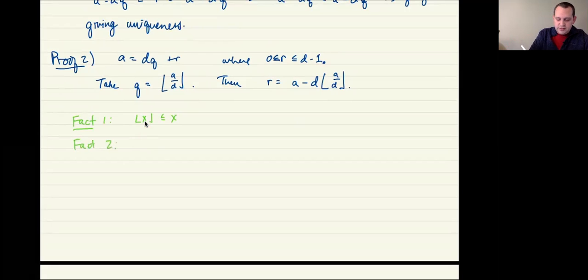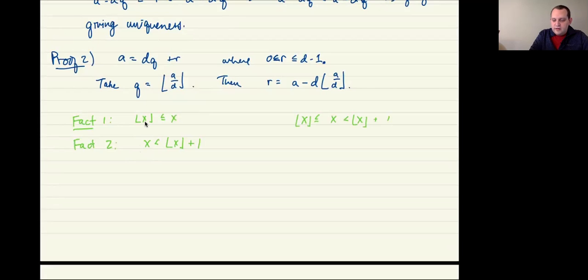Fact two is a little bit more: not only is the floor of X less than or equal to X, but X is strictly less than the floor of X plus 1. You can even combine these into a string of inequalities: the floor of X is less than or equal to X, which is strictly less than the floor of X plus 1.